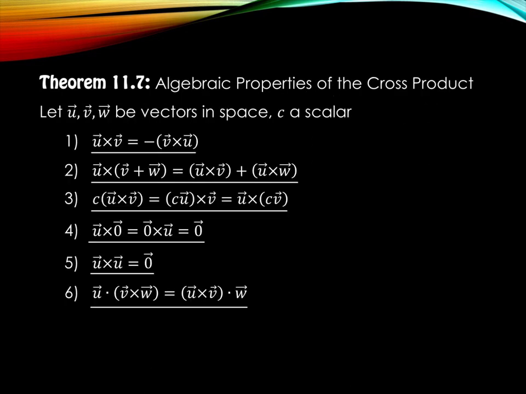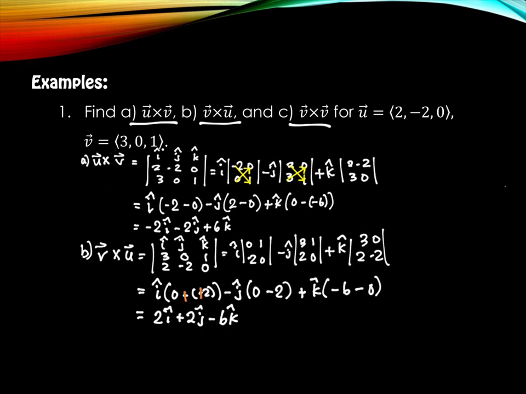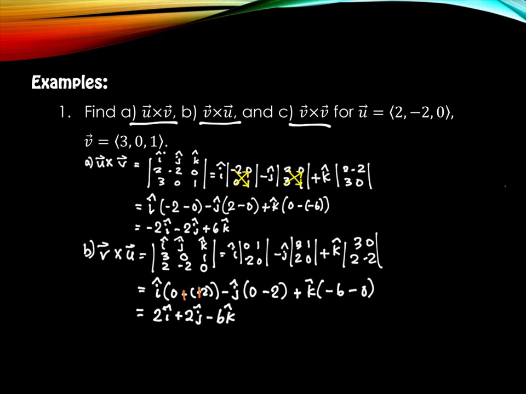Do I have space on another slide? Let's see. I don't. So we're just going to make this smaller one more time. And that's good enough. Okay, so this is C. We're going to do V cross V. And we're going to set it up again the same way.